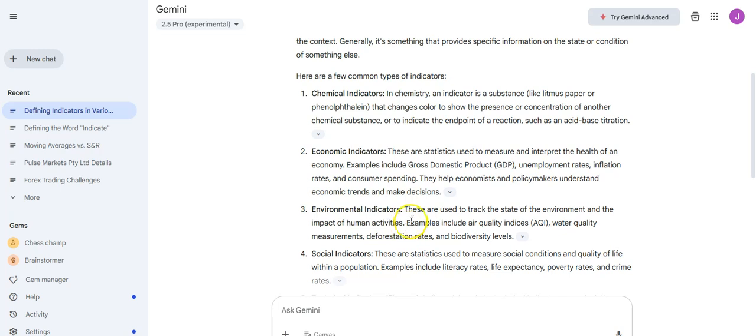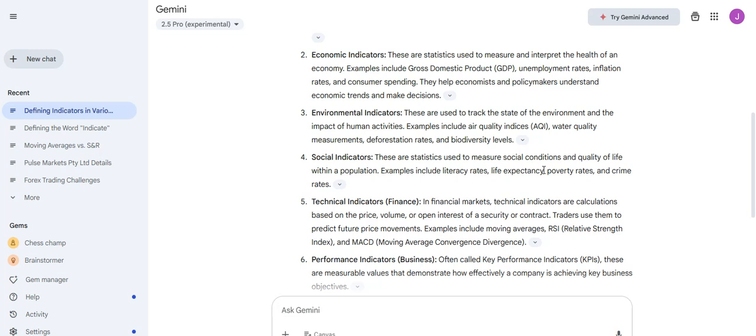Okay, environmental indicators. These are used to track the state of the environment and the impact of human activities, okay? So that's what moving average indicators do. It shows the impact of price action, okay? Social indicators, okay?